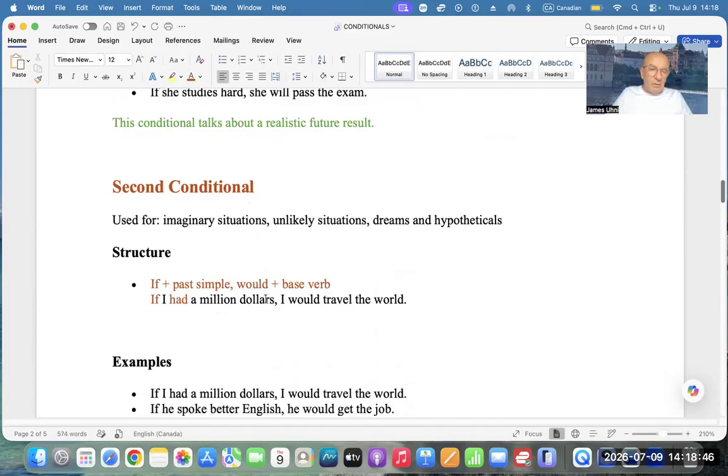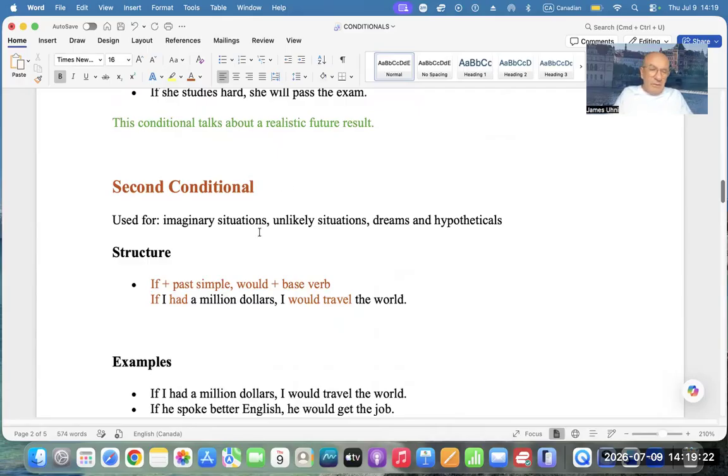So $1,000,000 is just the object of the past simple tense. I would base verb travel. Now, whatever is in black, we don't have to say it at all. If I had $1,000,000, I would travel.